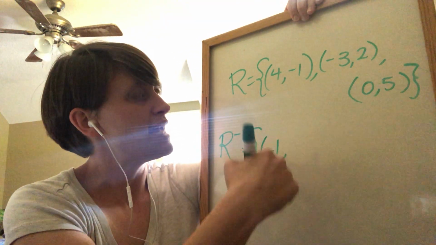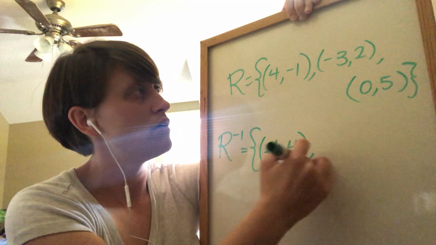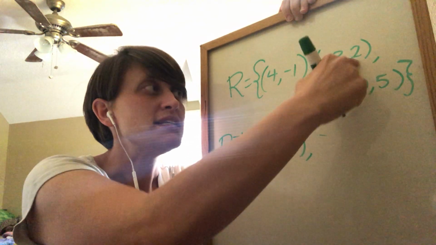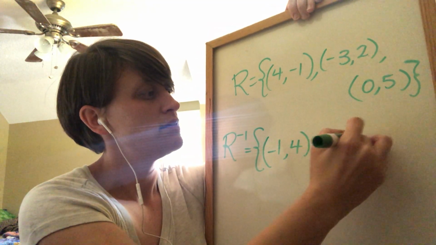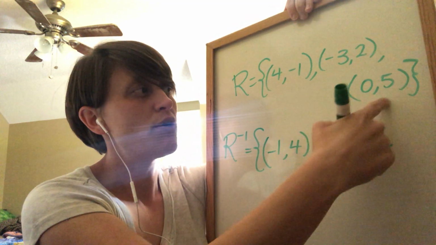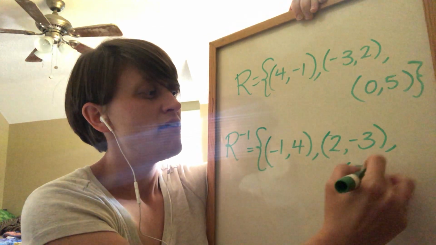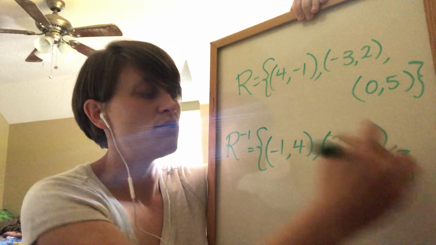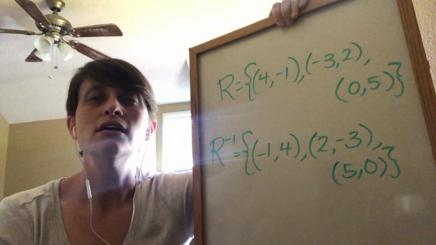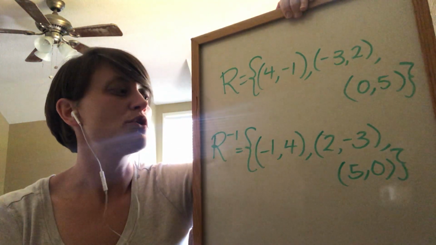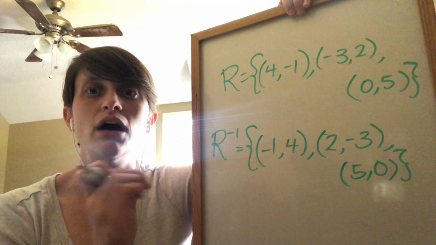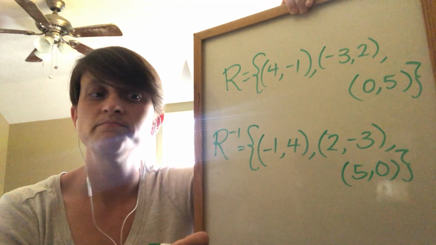Inverse is going to take -1 back to 4. -3 gets sent to 2. 2 is going to get sent back to -3. 0 gets sent to 5. 5 is going to get sent back to 0. So whenever you're finding the inverse of a relation, if it's given to you just as a set of ordered pairs, really simple. Our coordinates just get swapped.